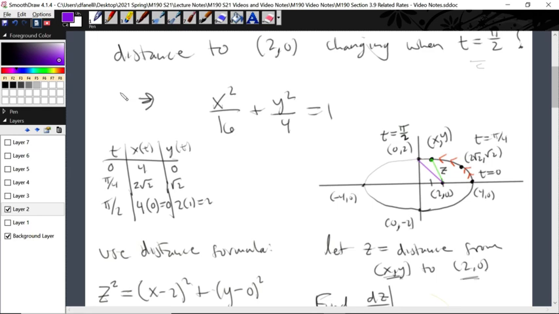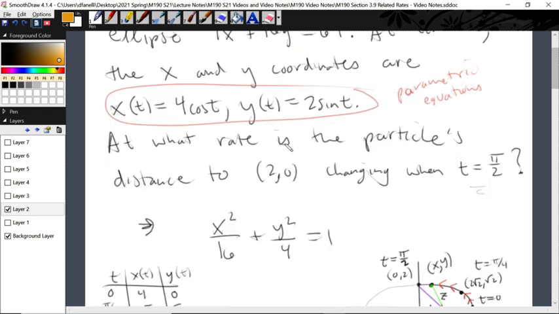So the distance between the particle and this point is increasing. If we were to move a bit forward in time, we would find a larger distance. And that distance at this instant is increasing at a rate of 2 times the square root of 2 units of distance per each unit of time, t.